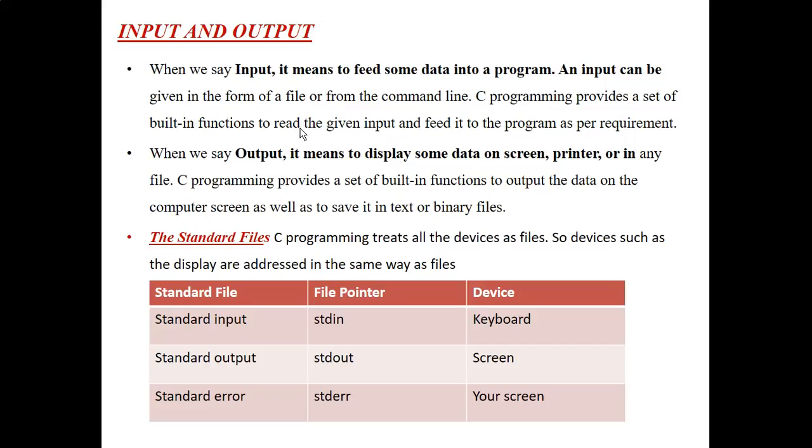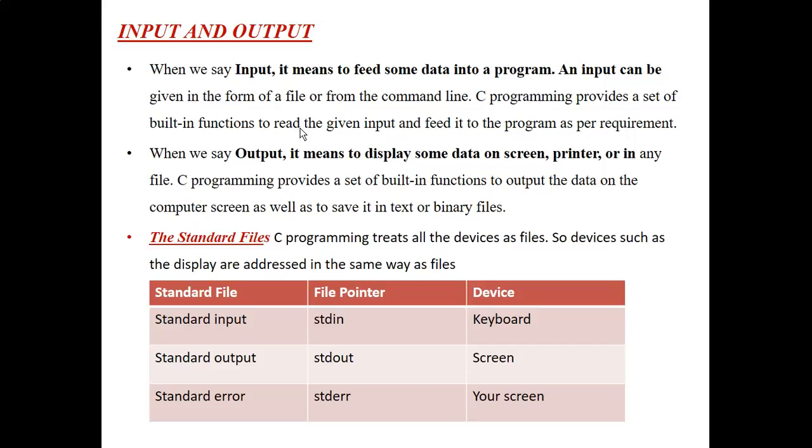Next, we have different types of standard files available in C programming language: standard input file, standard output file, and standard error file. The file pointers of those are stdin for standard input, stdout for standard output, and stderr for standard error.